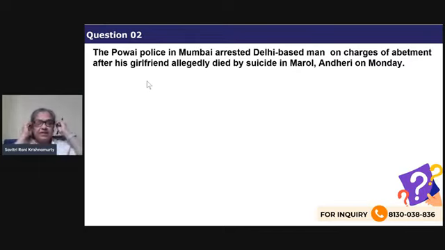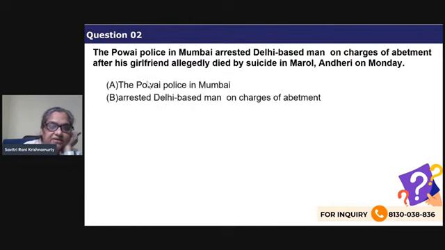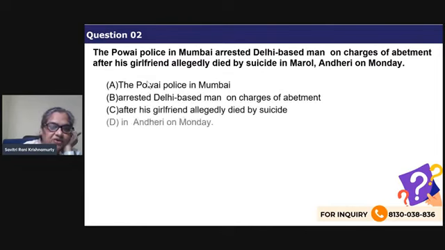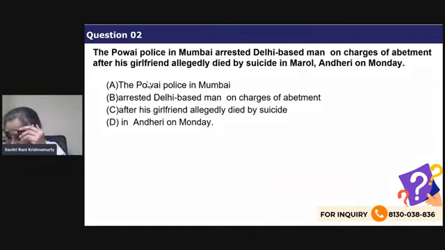The Powai police in Mumbai arrested Delhi-based man on charges of abetment after his girlfriend allegedly died by suicide in Marol, Andheri on Monday. Which part of the sentence has the error? A, B, C, or D?